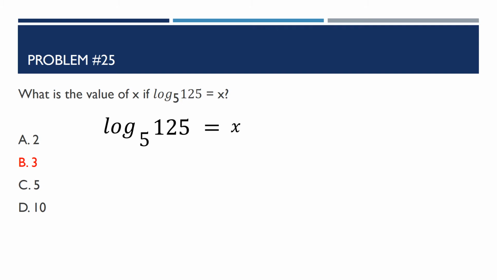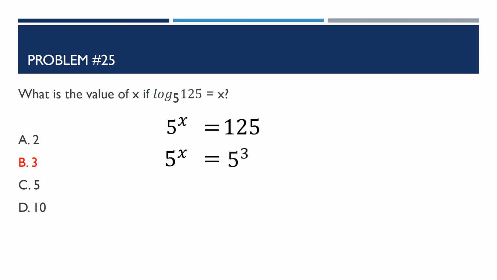To solve this, we are going to transform it into exponential form. So observe how to change this into exponential form. Alright, so it is now in its exponential form, and it's easier now to solve. This 125 can be written as 5 cubed, because 5 times 5 times 5 is 125.